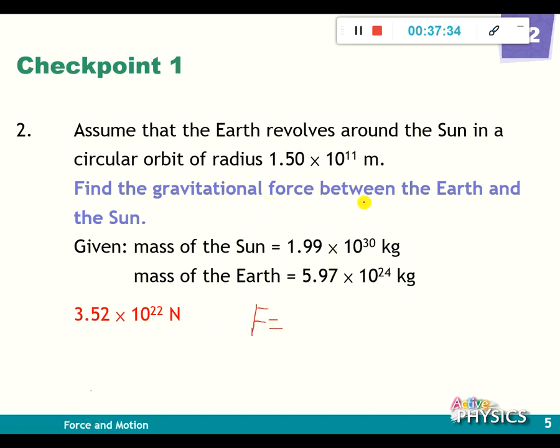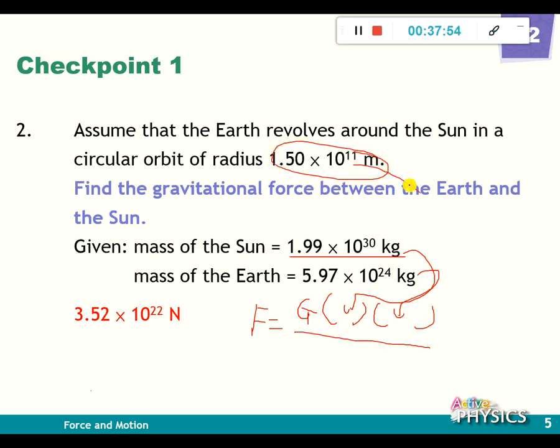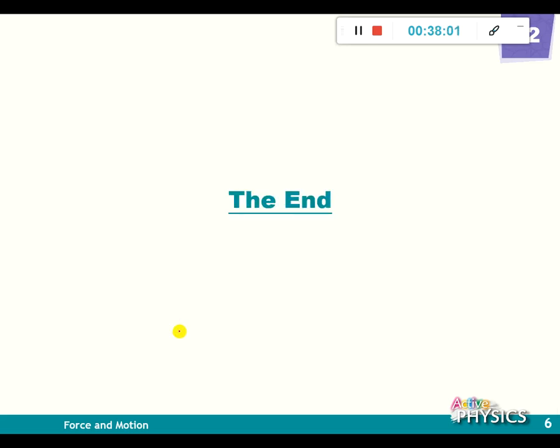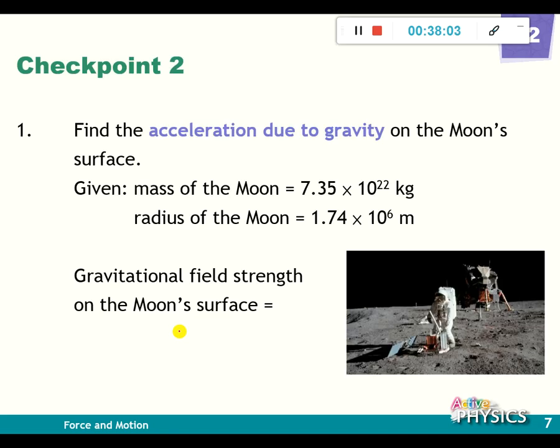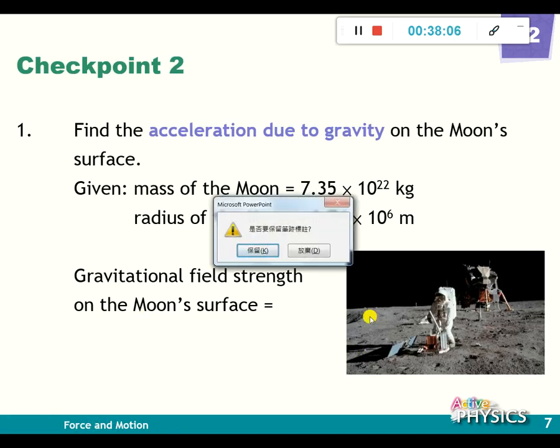Here, the force between Earth and Sun, you can get the value of G. What is the mass? We have two masses. One is the Sun. The other one should be the Earth. What is the separation between them? It is this. Substitute everything, you can get this answer. Level 2 question. Okay, that's all for this chapter 2.